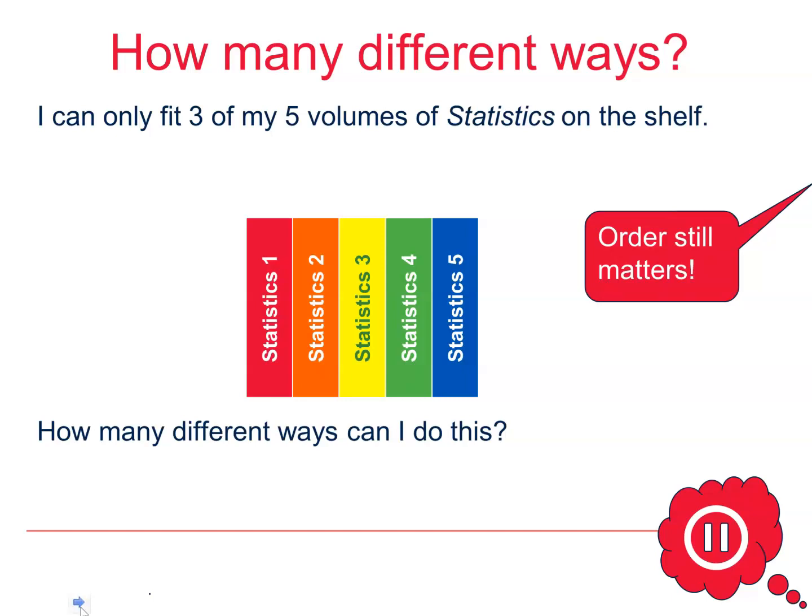Pause the video while you think about this. Okay, I still have 5 choices for the first book, and then 4 for the second, and then 3 for the third. But then I stop choosing, so that's just 5 times 4 times 3.